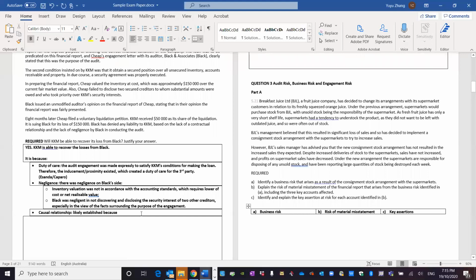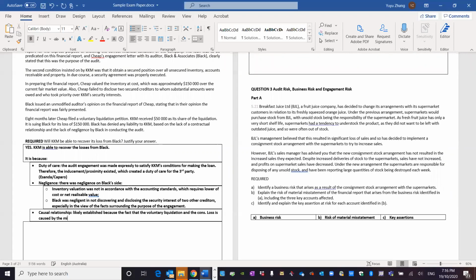Because Black was engaged to do an audit of the financial report because Cheap was seeking to induce KKM for a loan, and also KKM obviously wanted a secured position over all unsecured assets. In terms of causal relationship, as long as your discussion is reasonable, I think it could be acceptable. So here we say, okay, because the voluntary liquidation and the consequential loss is caused by the misreporting in Cheap that was neglected by Black.